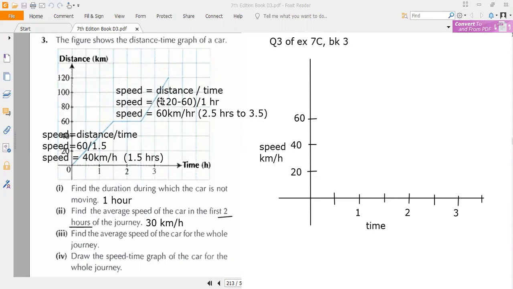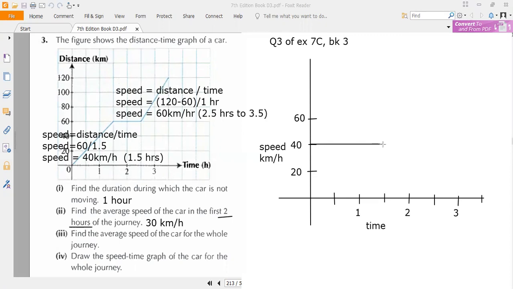Now coming to my question. In my question, the first speed was 40 kilometer per hour for 1.5 hours. So how will I make it? This is my 40 kilometer line.